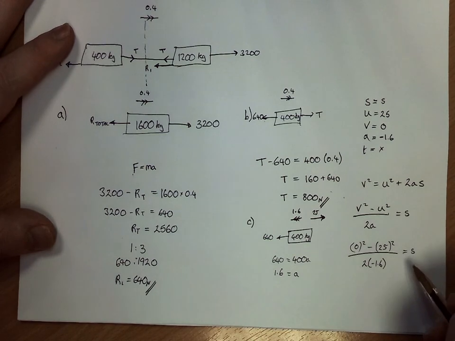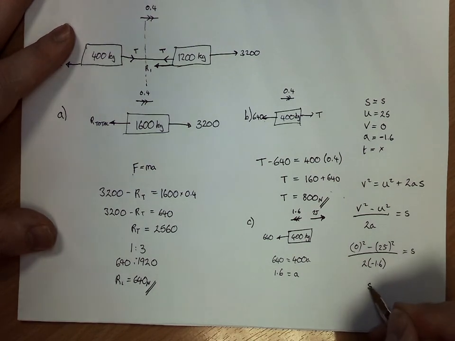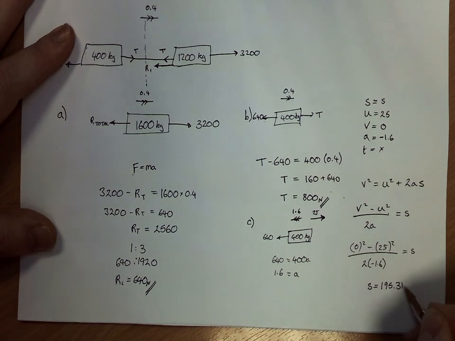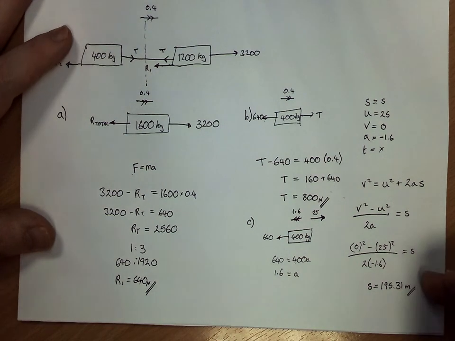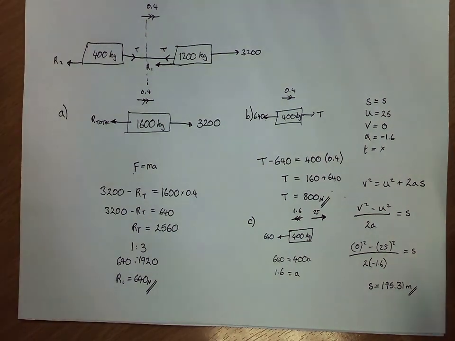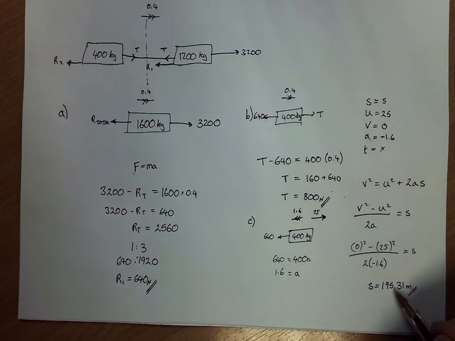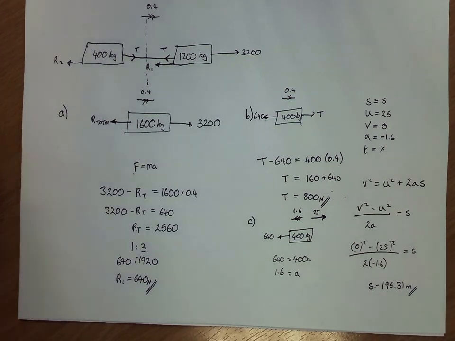Negative divided by negative will in fact give me a positive, and it gives me S equals 195.31 meters. And I've left my answer to 2 decimal places because, like money, typically we use meter to be 100 centimeters, so giving it to 2 decimal places seems to make sense. Part D has already been answered, so that is the end of that question.